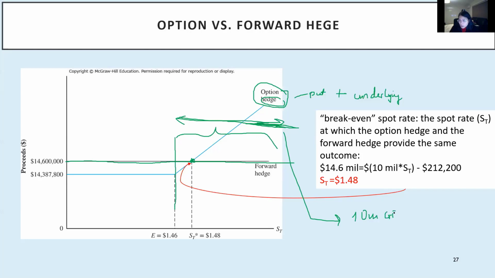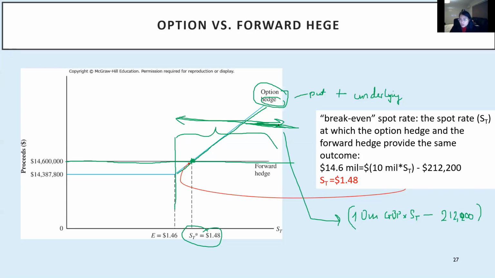On the right-hand side of the graph, your option hedge position is given by this formula here. This is 10 million pounds times ST. So it's an upward sloping line, and it increases with your spot exchange rate, minus the option cost, which is $212,200.